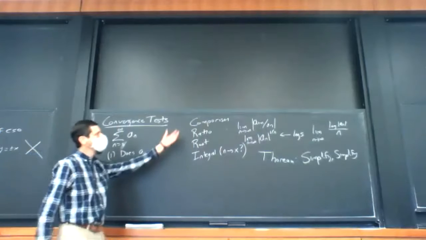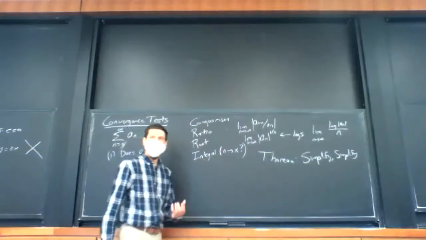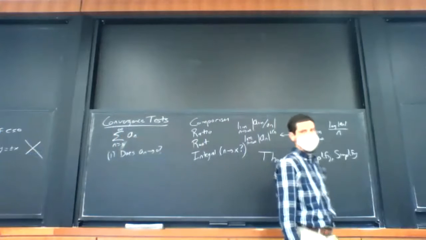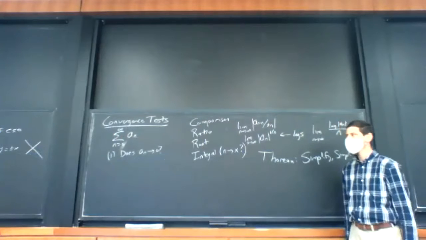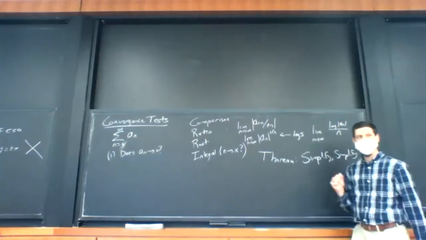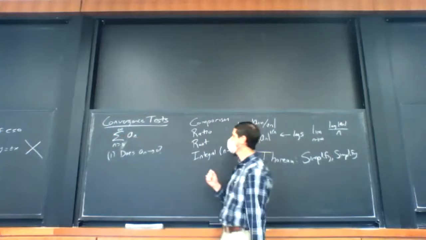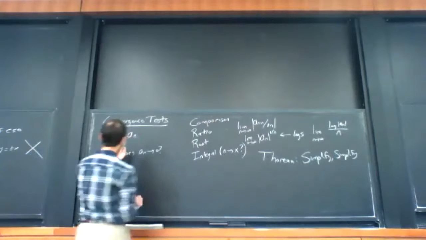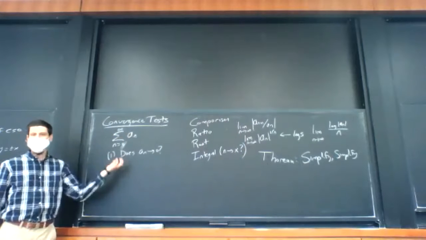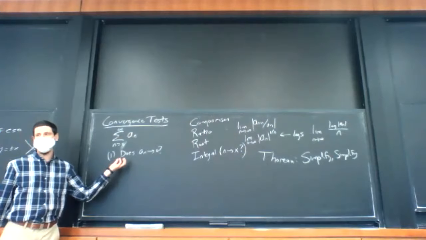It's worth saying before we do any of these big tests, always try to do simple things first. The simplest thing, before we try any of these more elaborate tests to see whether or not the sum from n goes from 0 to infinity of a_n converges, is to check to see if the terms a_n go to 0.